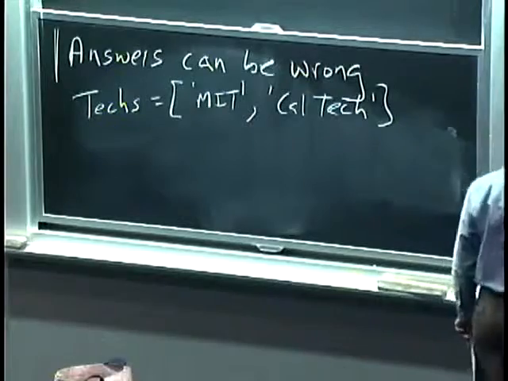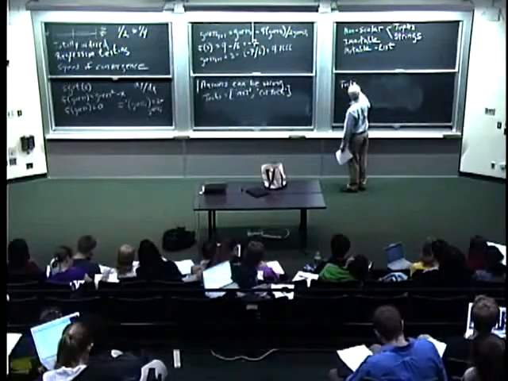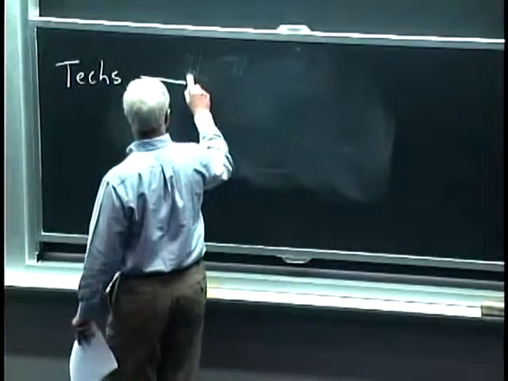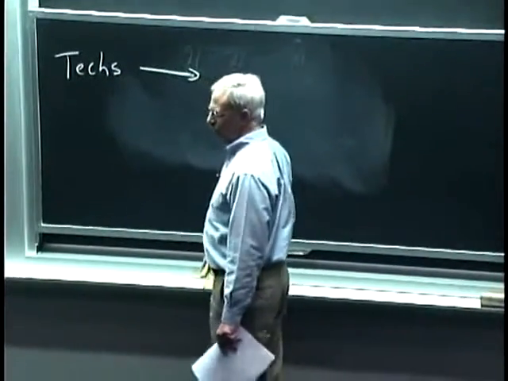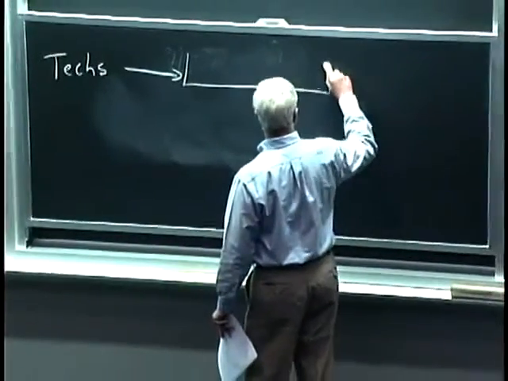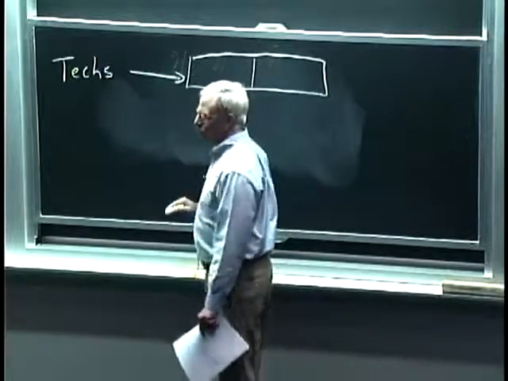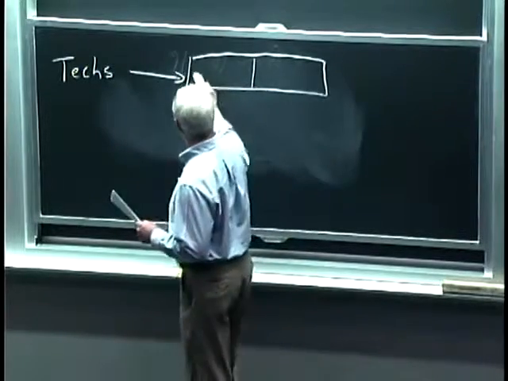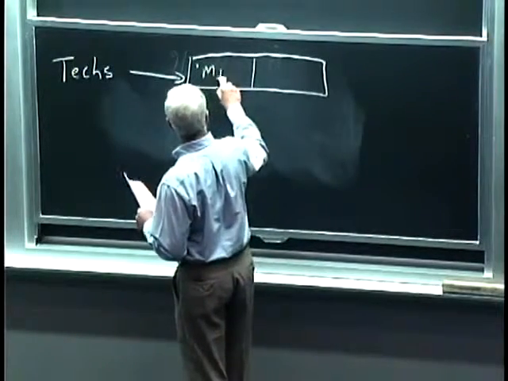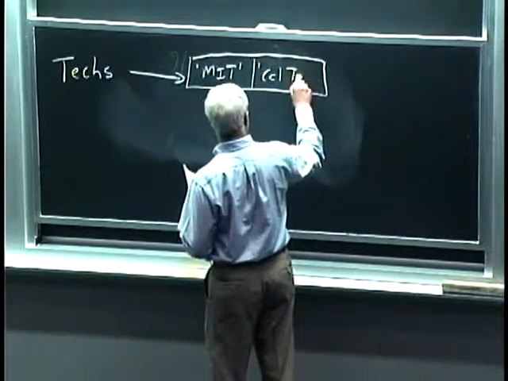What that basically does is it takes the variable tex and it now makes it point to a list with two items in it. One is the string MIT, and one is the string Caltech.